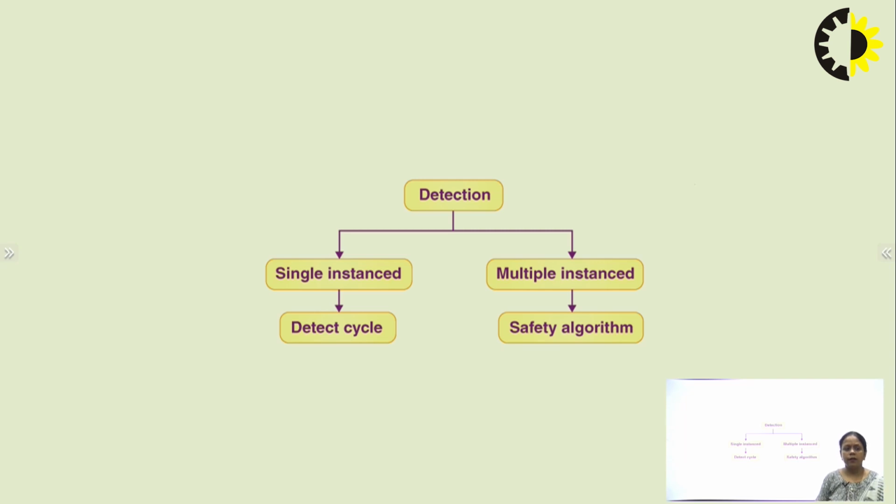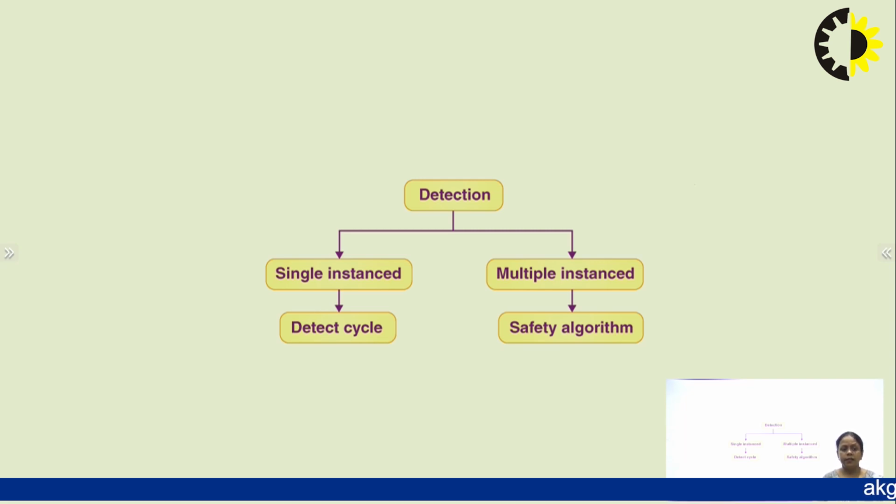How can we find out whether deadlock will occur or not? If there is a single instance, then detection of a cycle means there is a 100% possibility of deadlock. But if we have multiple instances, then cycle detection is not a good algorithm for detecting deadlock. So we will use a safety algorithm like Banker's algorithm.